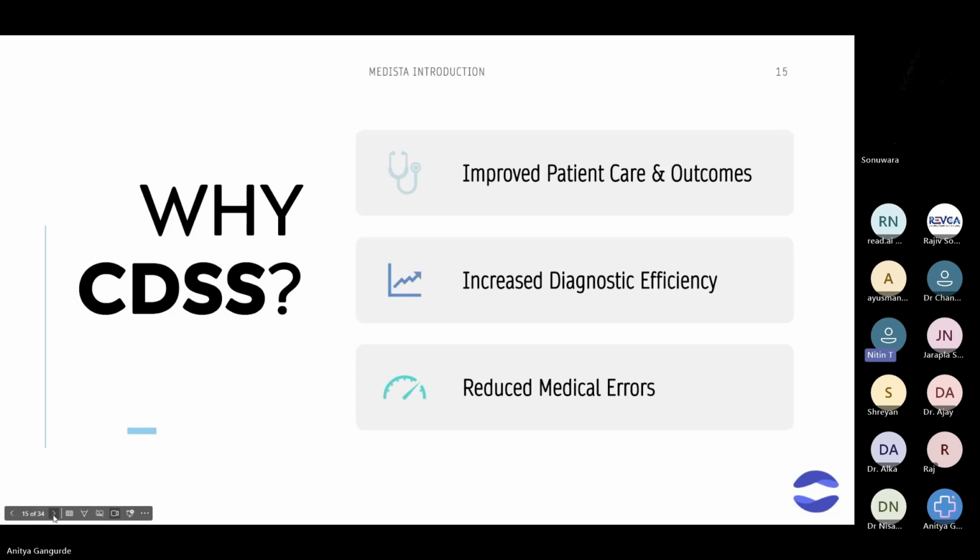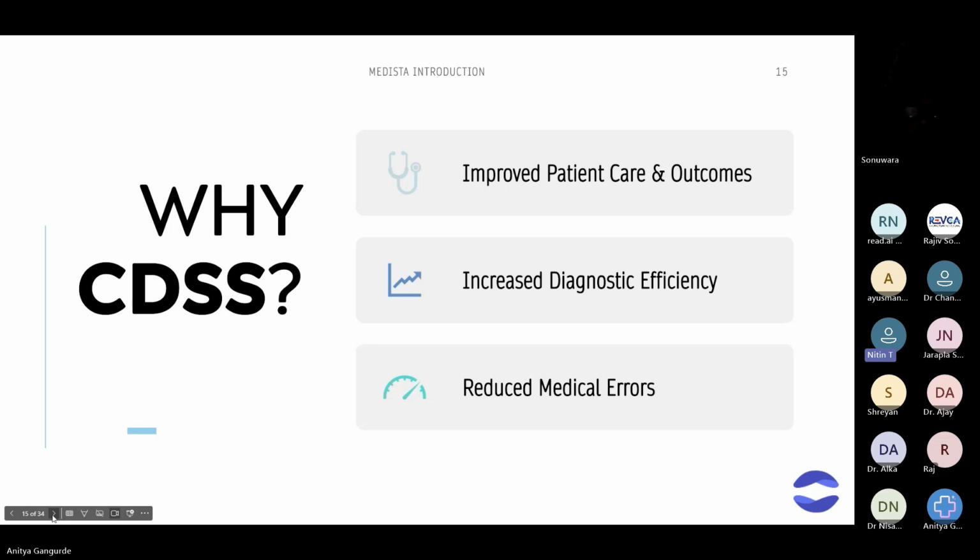So why CDSS? What is the use of CDSS? It's aimed primarily to improve patient care and outcomes, to increase diagnostic efficiency, and to reduce medical errors. If you have a standard material to advise at any time, accessible anywhere, we can provide accurate dosages to the patient. We can dwell on accurate differential diagnosis and advise the patient what to do and what not to do.